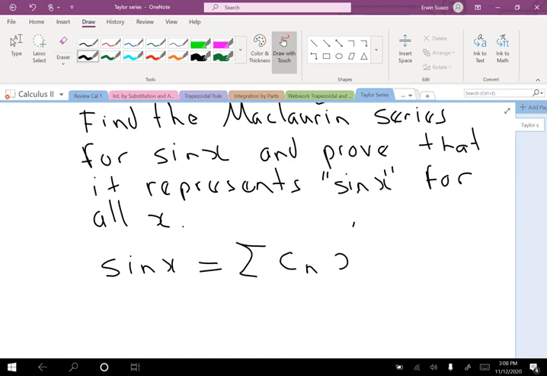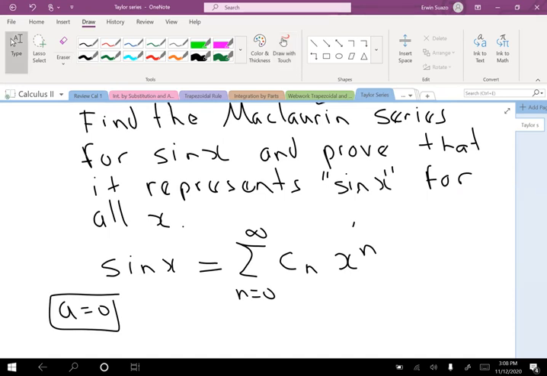So I want to represent it around 0, so a equals 0. This goes from n equals 0 to infinity. Okay, so that's the representation I want. So I need to find my Cn's.